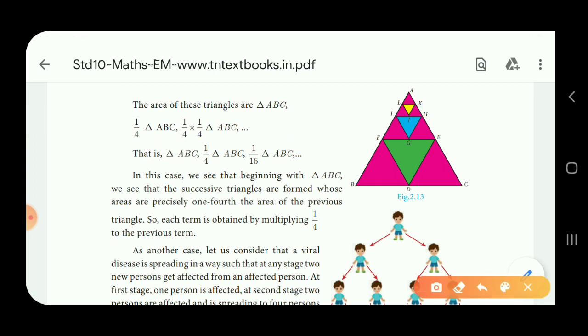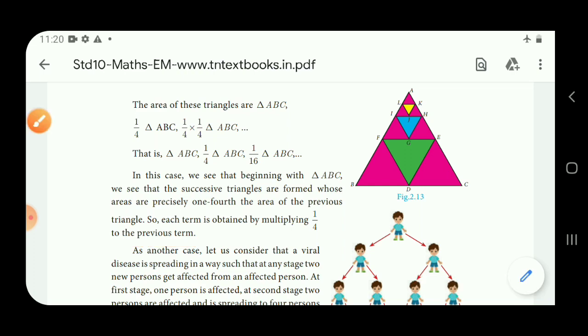So in this case, beginning with the triangle ABC, we see that successive triangles are formed whose areas are 1/4 of the previous triangle. Previously means before, that is 1/4 of the area of the previous triangle. So each term is obtained by multiplying by 1/4, continuing likewise from the previous term.